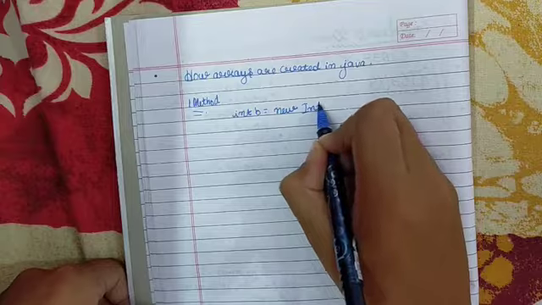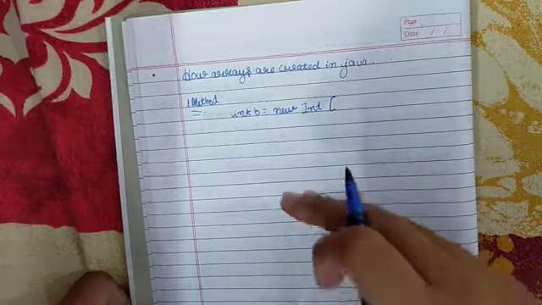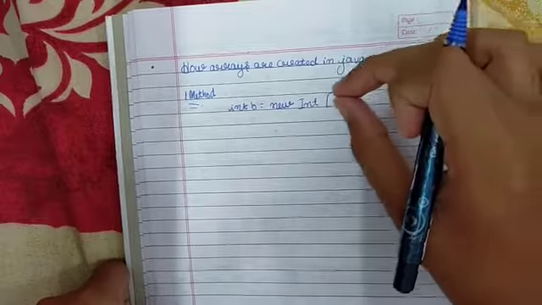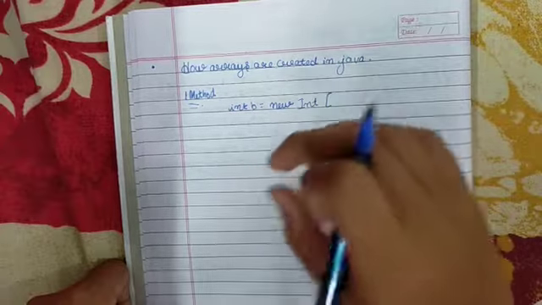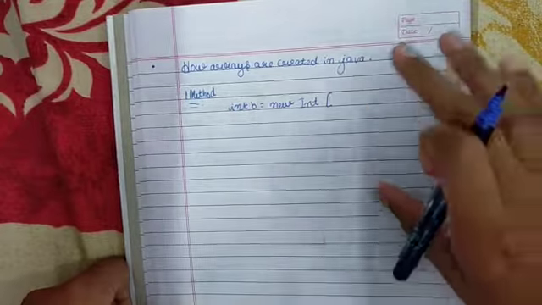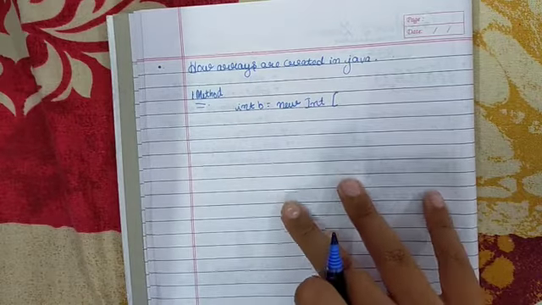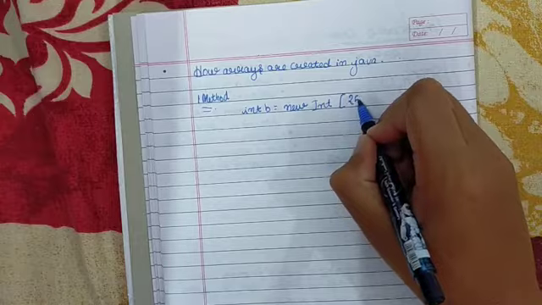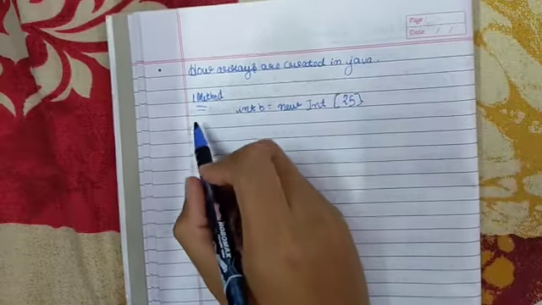Size depends on the user. When we write System.out.println("size is") and then read the variable, it is the user's option to make the size as much as he wants. For example, we take 25.